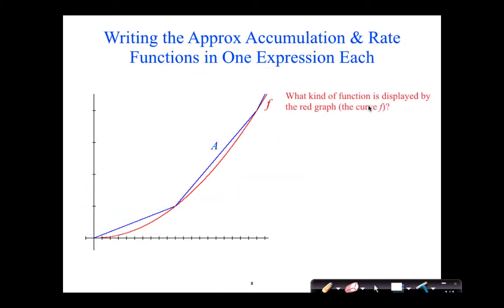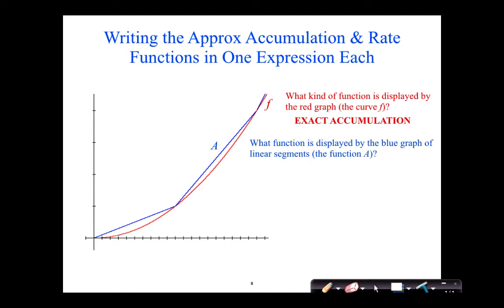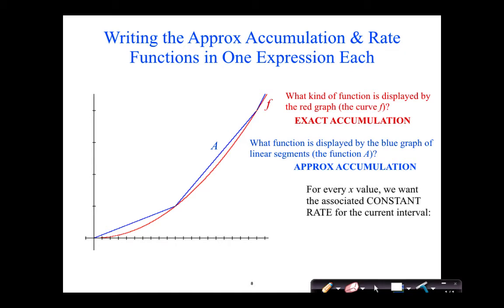So, sorry, I just kind of went over this already a little bit on the last page. So the red curve was the exact accumulation, and this blue piecewise linear function, that's the approximate accumulation. That's what's represented here. And I took the x and y values out. Let's just talk about this in general. Now I know this is really still the same picture, just blown up here.